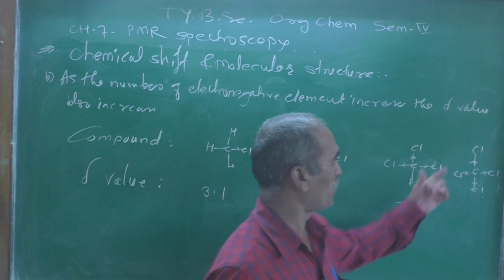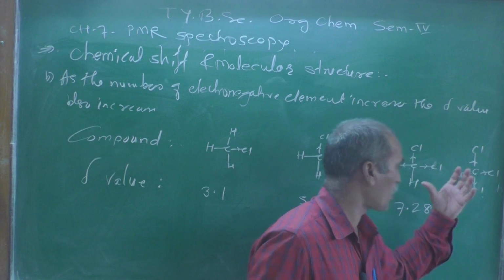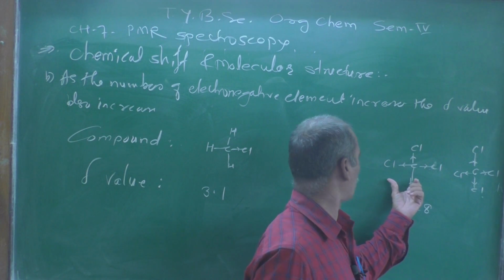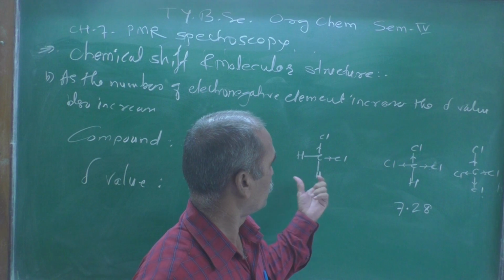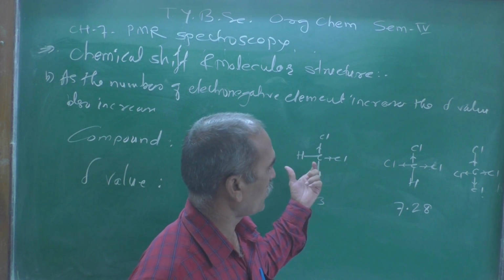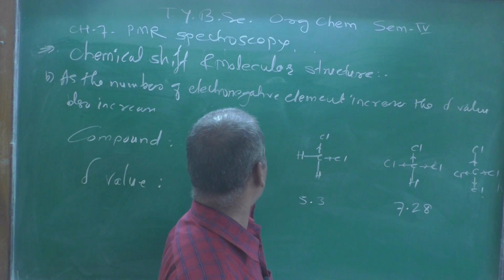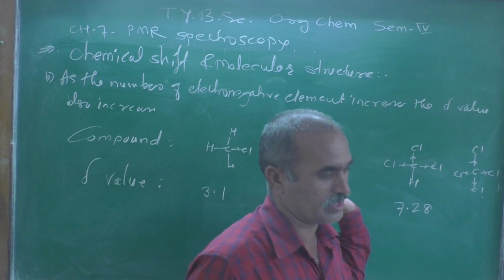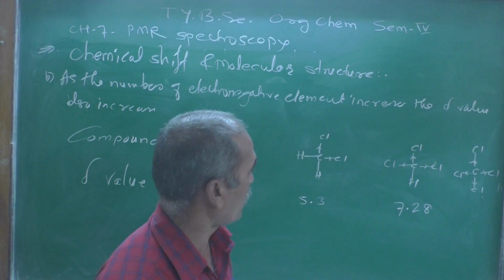The common name of this compound is carbon tetrachloride. This is chloroform. This is dichloromethane, DCM, and this will be methyl chloride. These are the common names of these compounds.